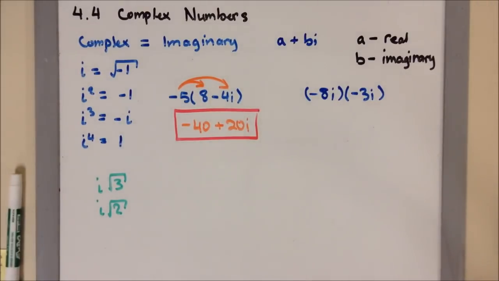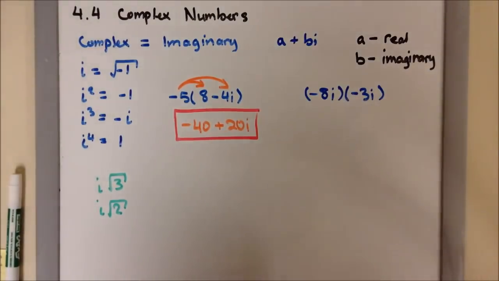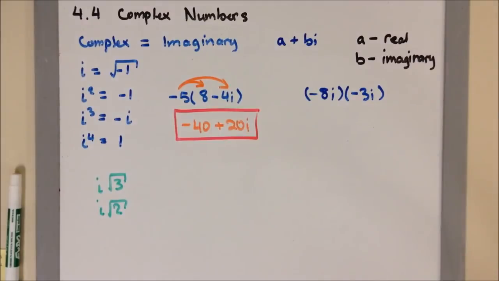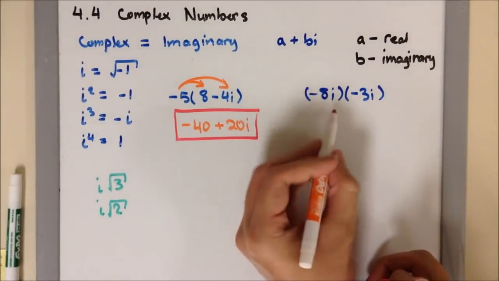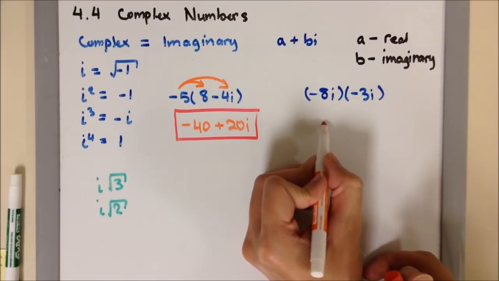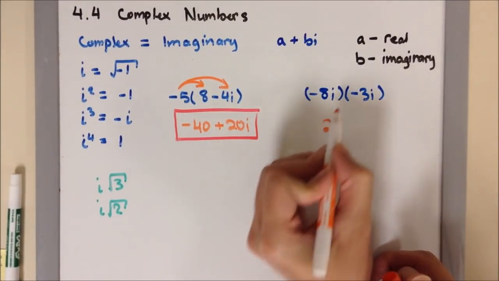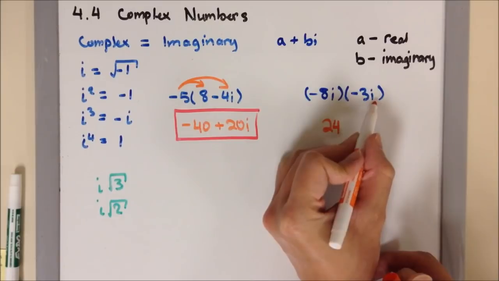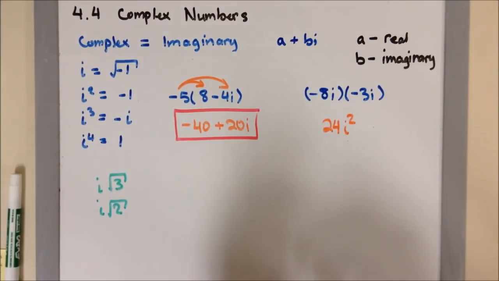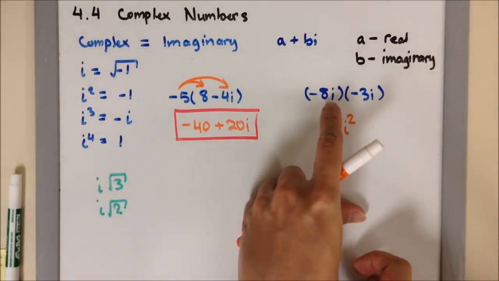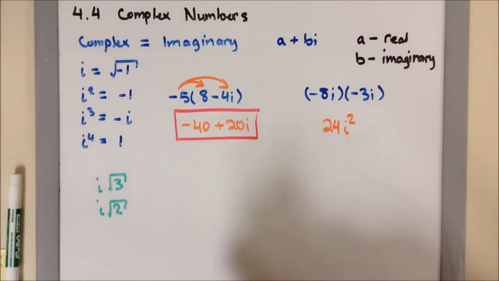Now, in the second example, we have a problem like this: negative 8i times negative 3i. These two, negative 8 and negative 3, become positive 24. And then when it's i times i, that becomes i squared.